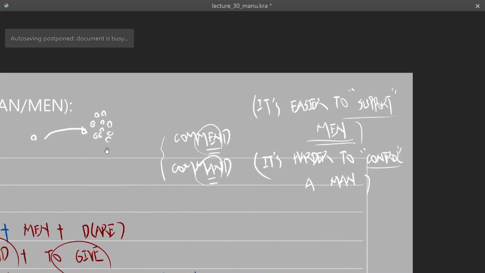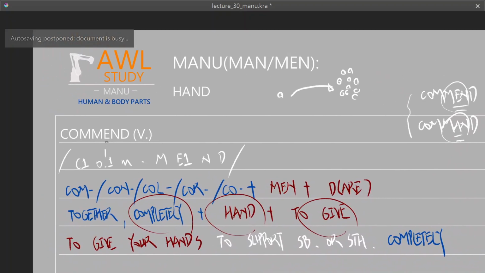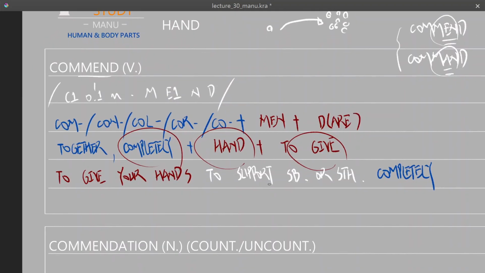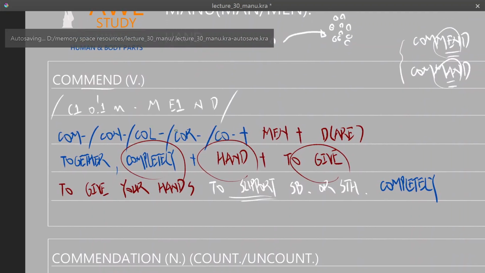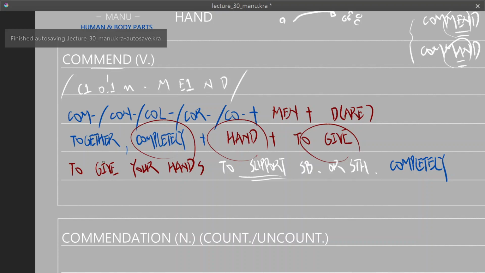Alright, and since we have men, the plural of man, it means to support. So command literally means to give your hands to support somebody or something completely.